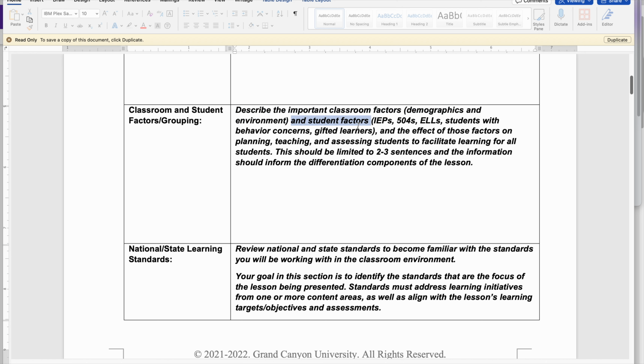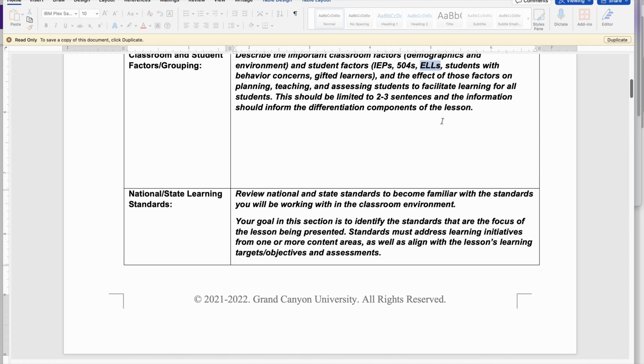So it's more about, are you doing any differentiated instruction? If you are, how are you differentiating your instruction? For instance, maybe your ELL students are getting a glossary of terms handout that has their information in it for each definition and key term.